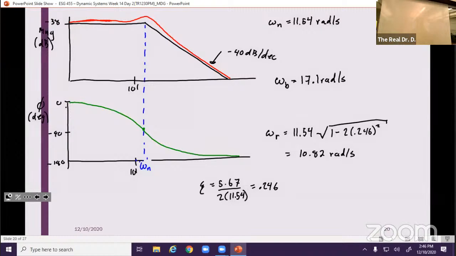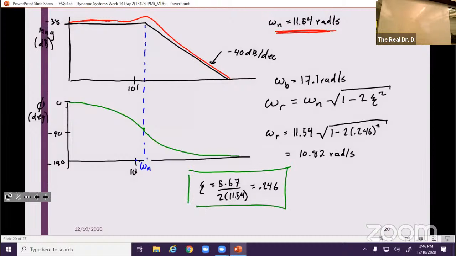Resonant frequency tells us that omega r is equal to omega n times the square root of 1 minus 2 zeta squared. Well, we know omega n, it's up here. We can calculate zeta because remember, 2 zeta omega n is equal to that second term, B over m.